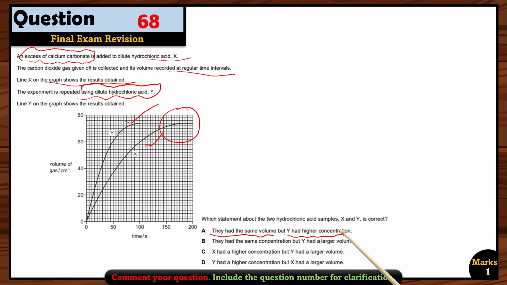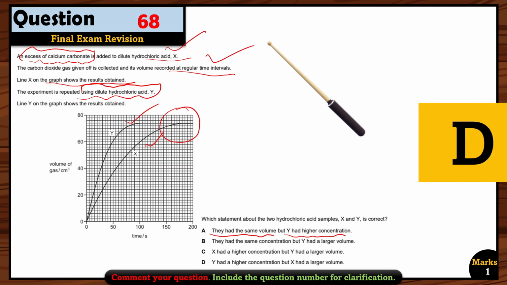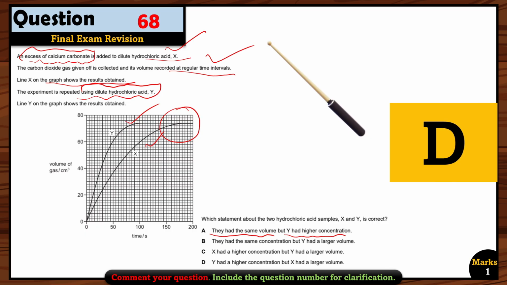If they both are dilute and the concentration is higher for Y, but the volume is the same, then they cannot have the same product size. The product size should be different, right?